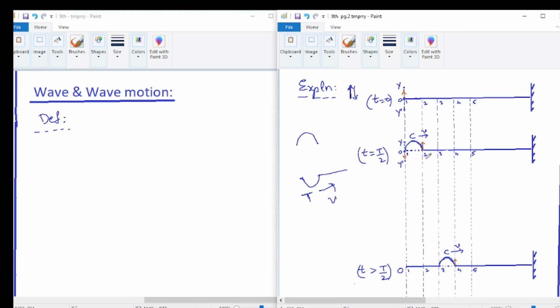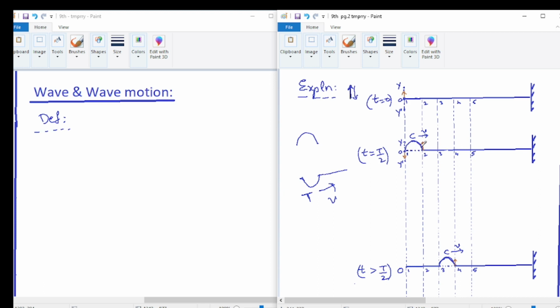Now just check carefully the exact definition of wave motion and wave. The disturbance which is getting created at particle 1, in the form of a crest, is moving along the medium, that is, through the medium. Medium here is the string.